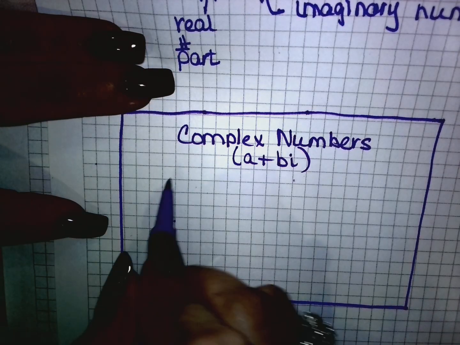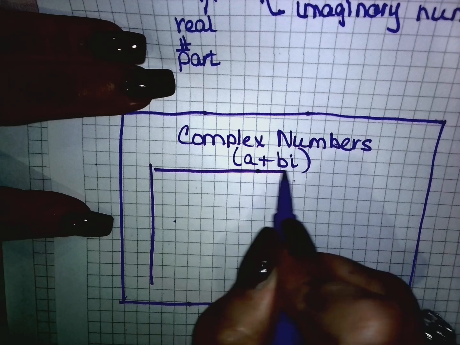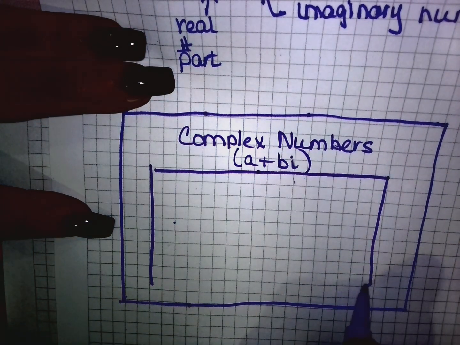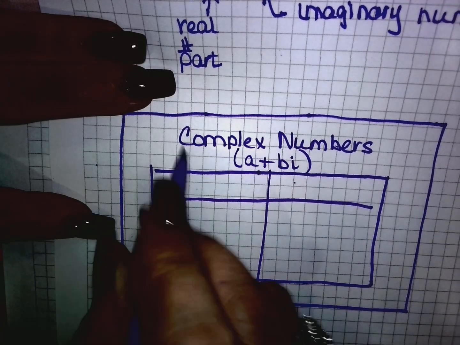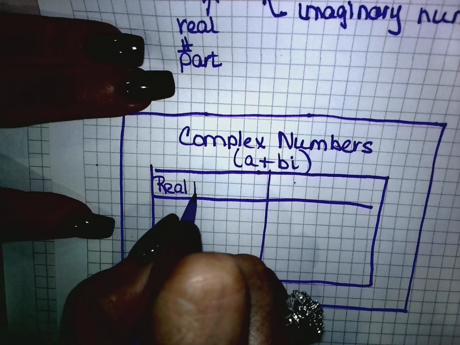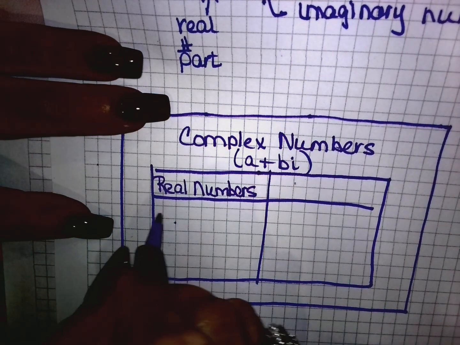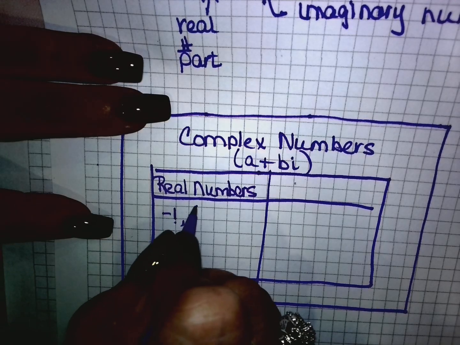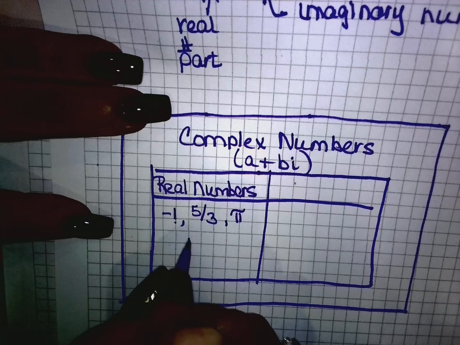Now within this box is another box that's divided into two. Over here we have our real numbers, which we are very familiar with. And our real numbers are things like negative 1 or 5/3 or pi or square root of 2.